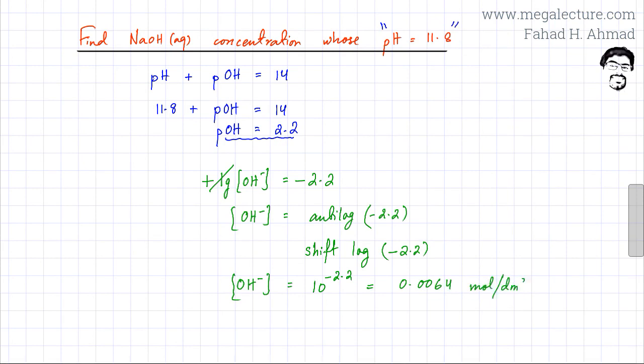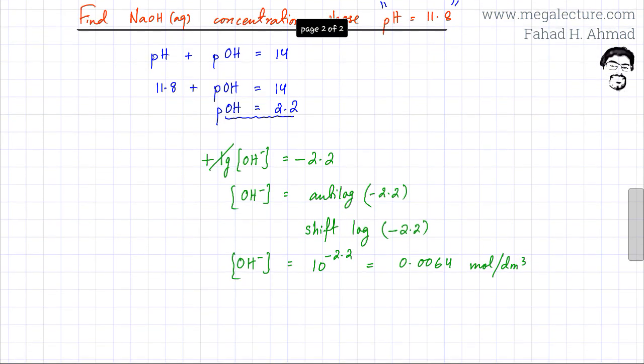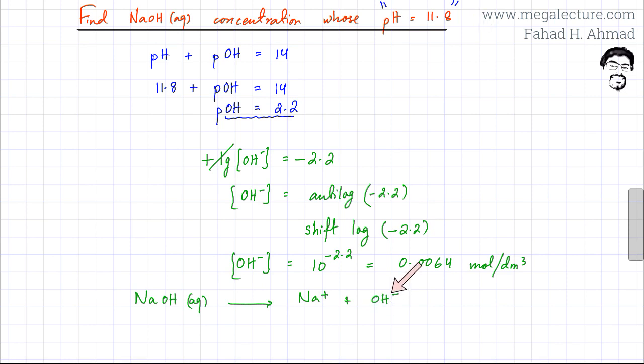So this is the concentration of OH ions, and I can now write the equation of the dissociation of NaOH aqueous. If you have NaOH in aqueous state, then that NaOH is a strong alkali. It's going to fully dissociate, and it's going to produce sodium ions and OH ions in a 1:1 ratio. So the concentration of OH ions and the concentration of NaOH would be exactly the same.